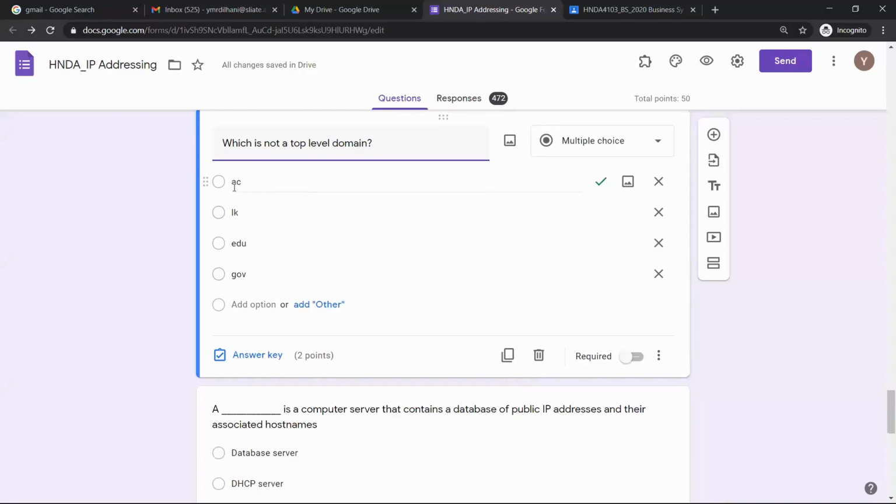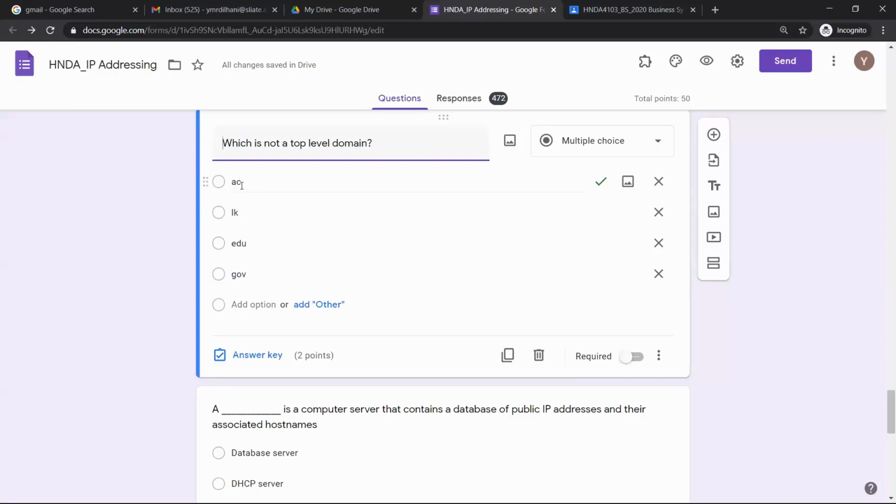Top level domains come at the end. If you say google.com, .com is the last part, right? So .com is the top level domain. And if you say google.lk, lk is the last part. So that is also a top level domain. Edu is also like that. Gov also like that, right?